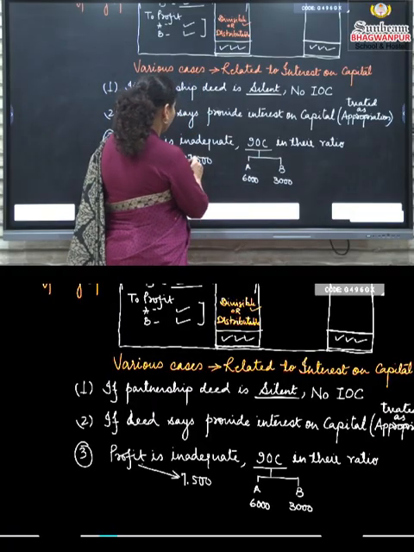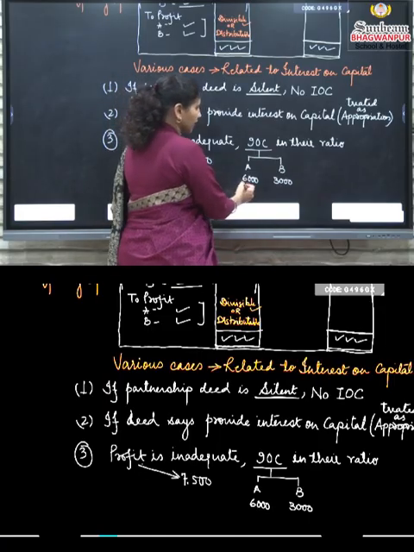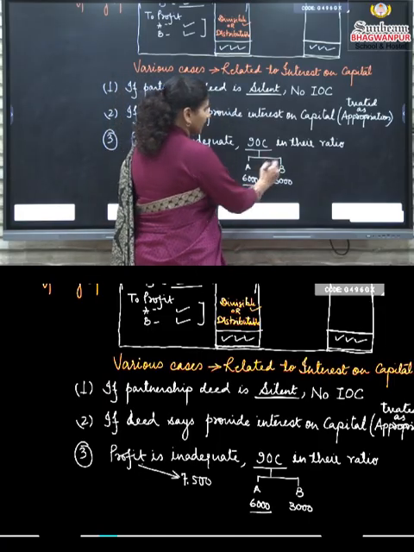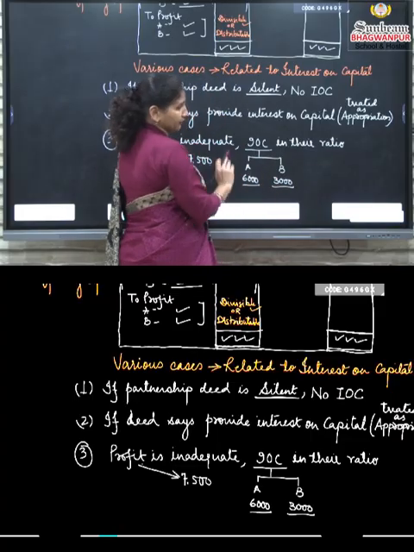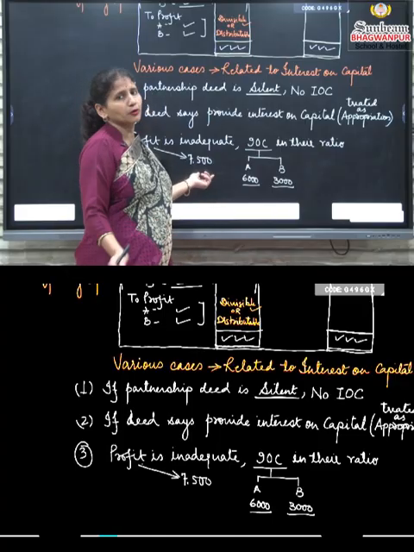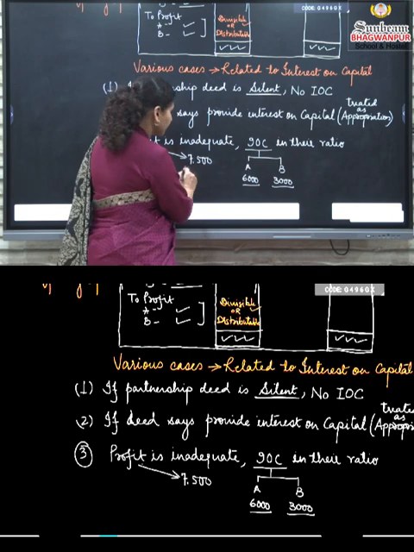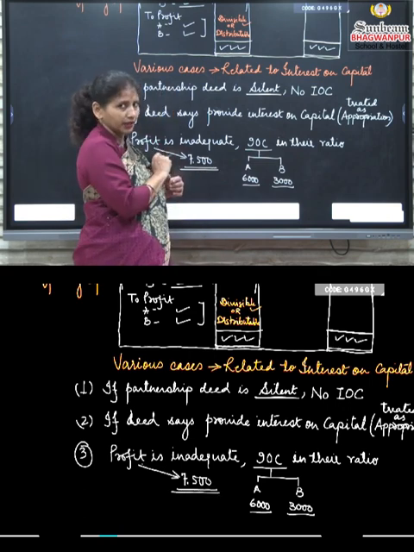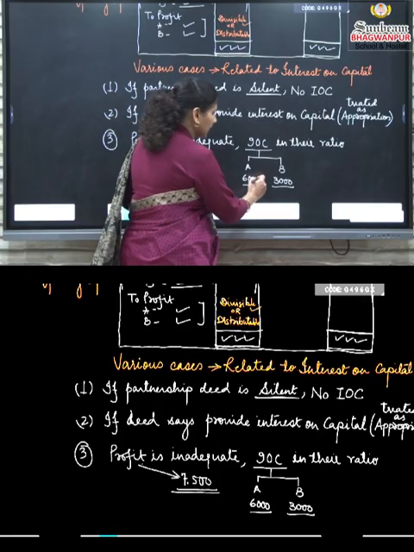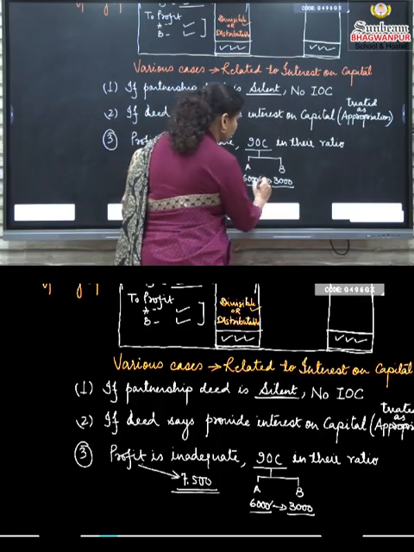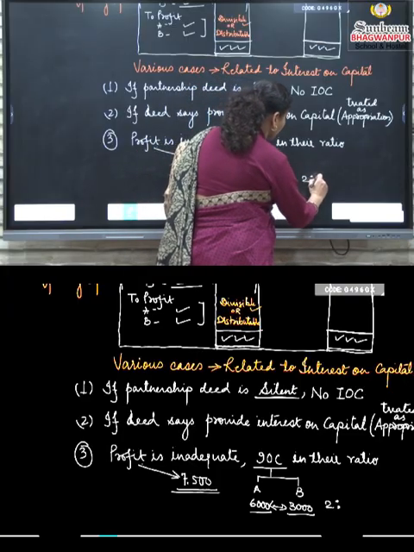So let us begin. See, we have a profit of rupees 7,500, but the interest on capital of A is 6,000 and B is 3,000, right. So we are supposed to make a payment of 9,000, but we have a profit of 7,500 only, okay. So here our profit is inadequate, okay. Now in this situation, we will calculate the ratio of these two. So this will come 2:1.